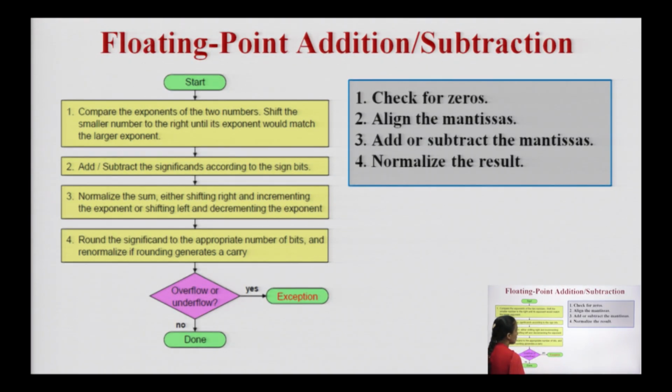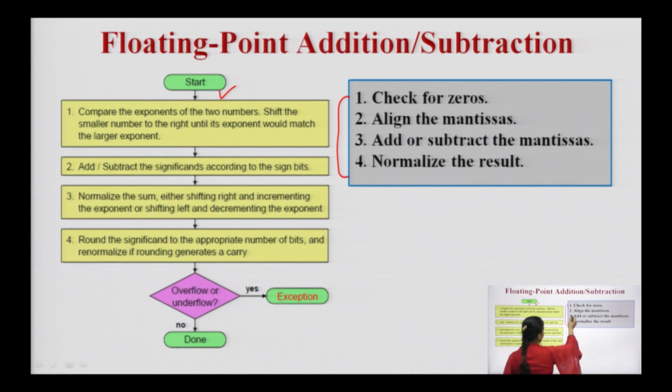Then what operations can we perform on these floating point numbers? First is addition and subtraction. These 4 steps we will be doing on the floating point numbers. I will first compare the exponents of the 2 numbers. Whichever exponent is larger, I will select, and I will shift the smaller one so that the exponents are aligned and become the same.